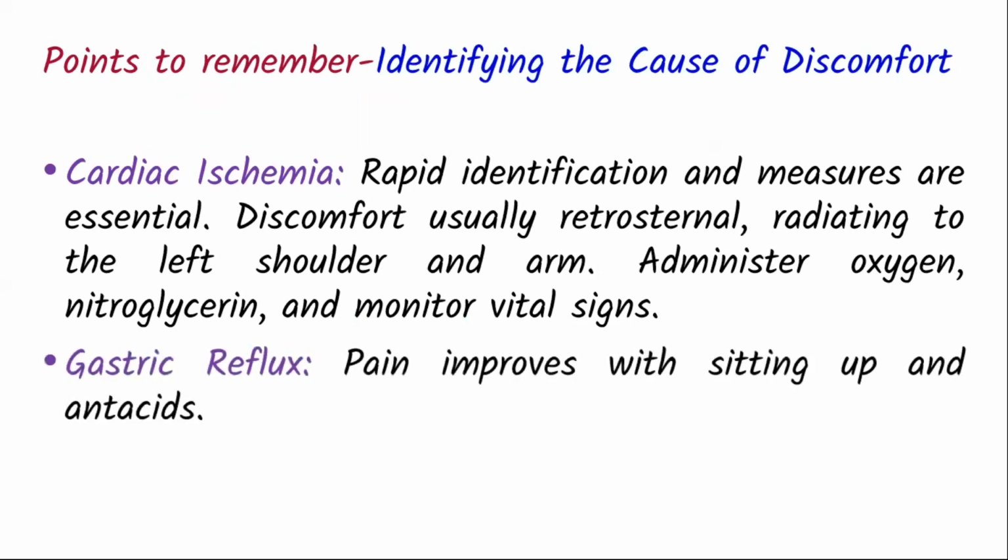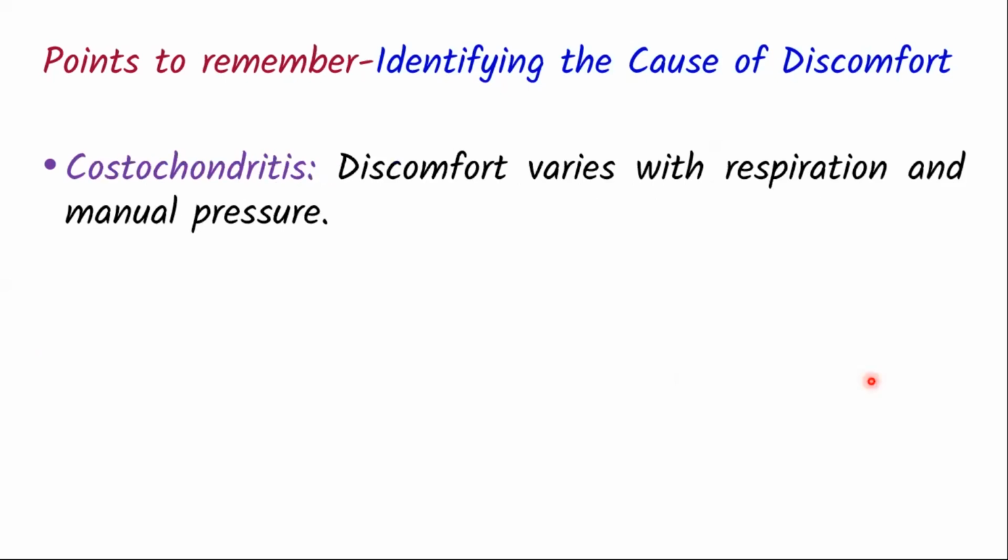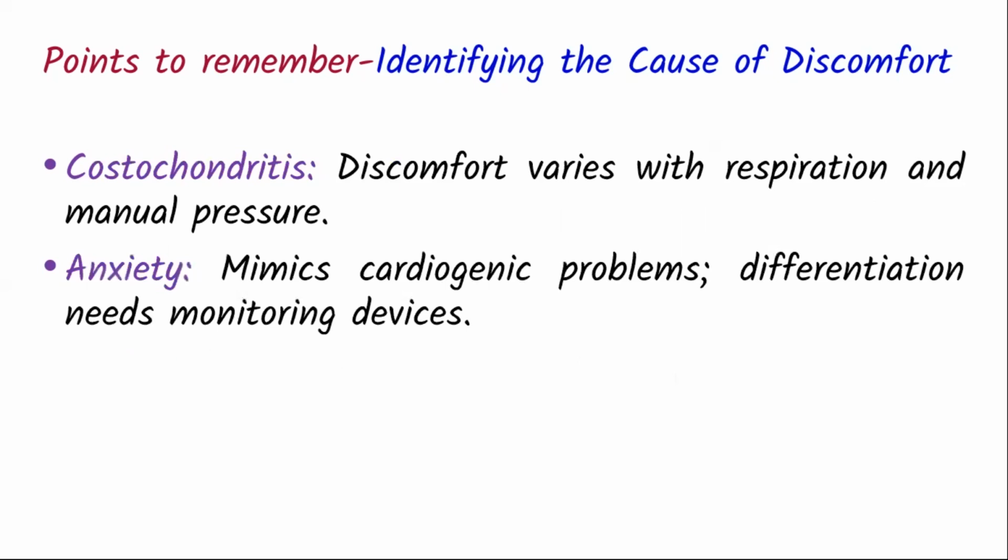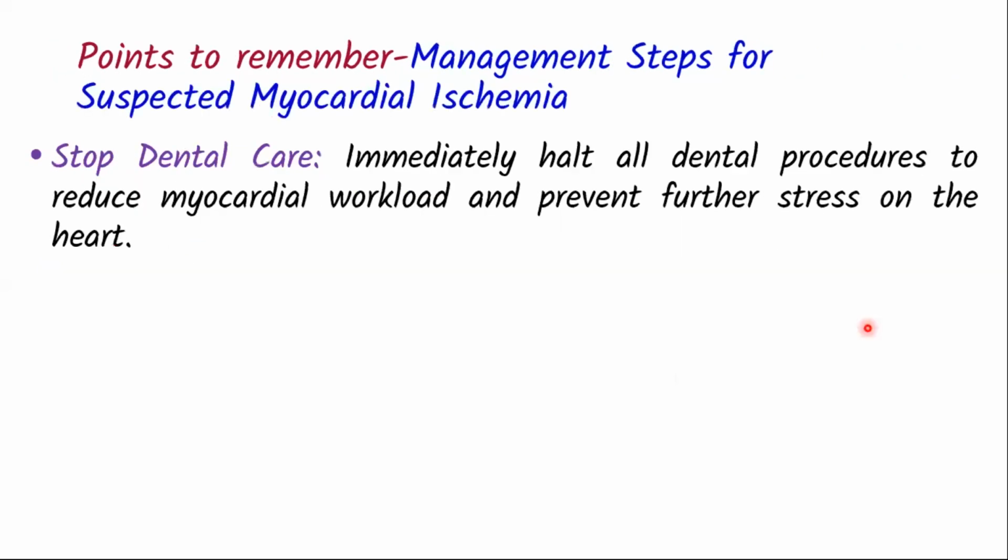Cardiac ischemia: squeezing sensation, heaviness radiating to the left shoulder and arm. Gastric reflux improves with sitting up and antacids. Costochondritis varies with the respiration and is affected by manual pressure. Anxiety differentiation requires monitoring devices.